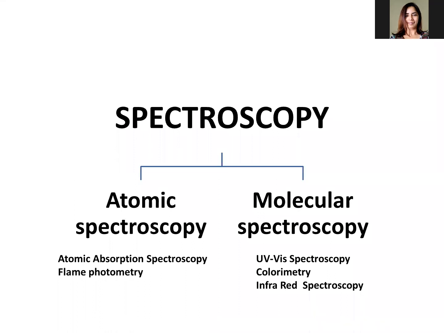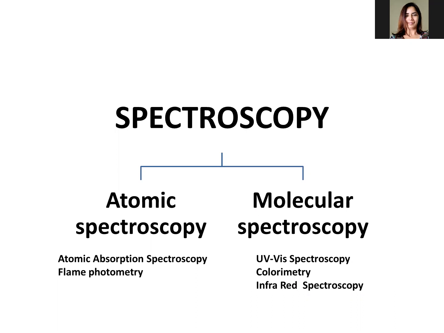On to spectroscopy. It is a measurement and interpretation of electromagnetic radiations absorbed or emitted when a molecule or atom or ions of the sample molecule move from one energy state to another energy state. It may consist of atomic spectroscopy or molecular spectroscopy. In atomic spectroscopy, the changes in energy take place at atomic level.